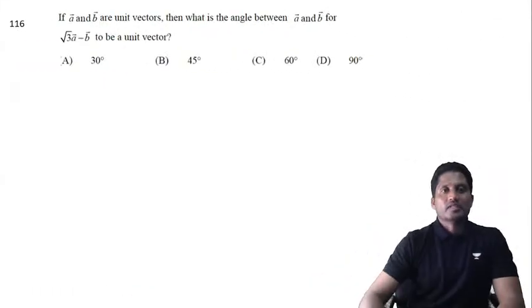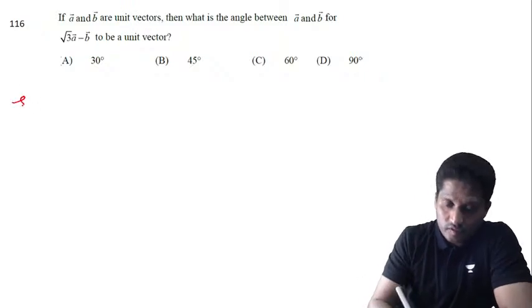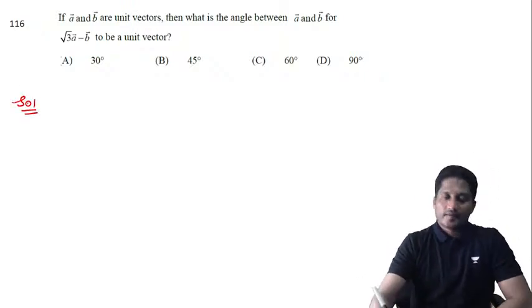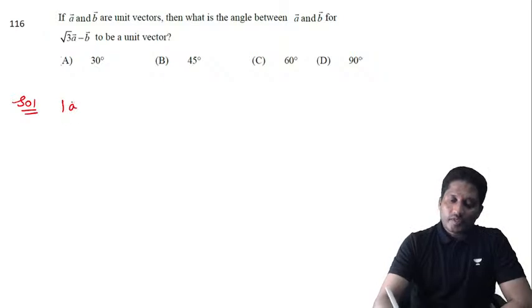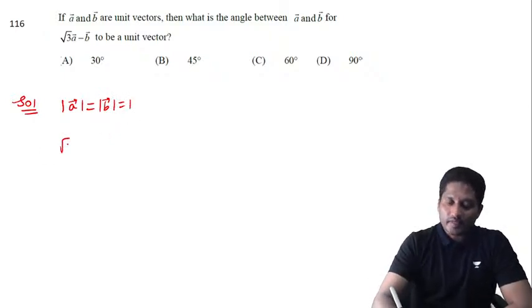Right, question number 116. If A and B are unit vectors, this means that modulus of A is 1 and modulus of B is 1. What's the angle between A and B, for which root 3A minus B is a unit vector? So the modulus is equal to 1.